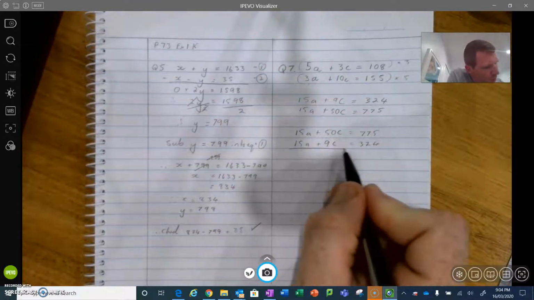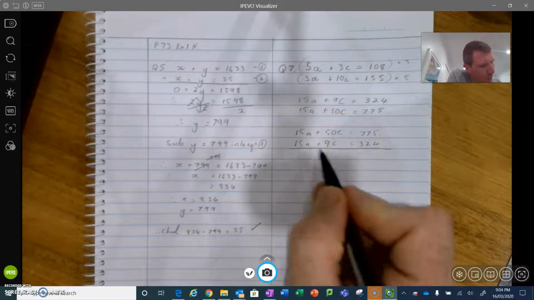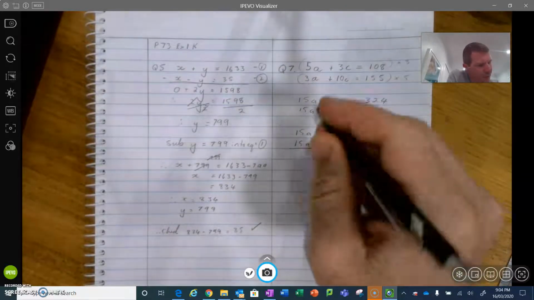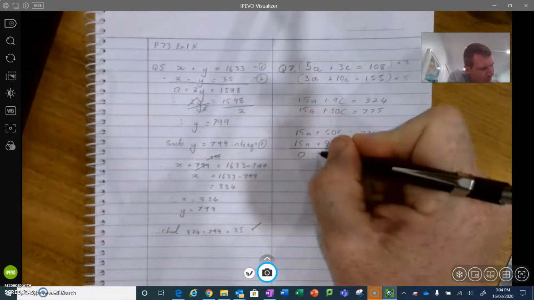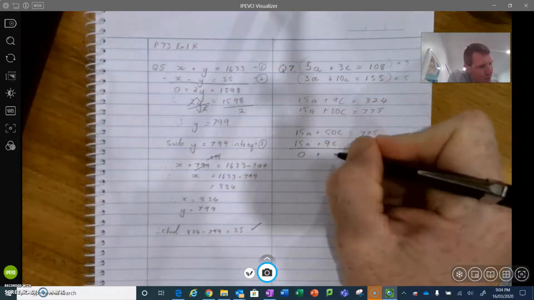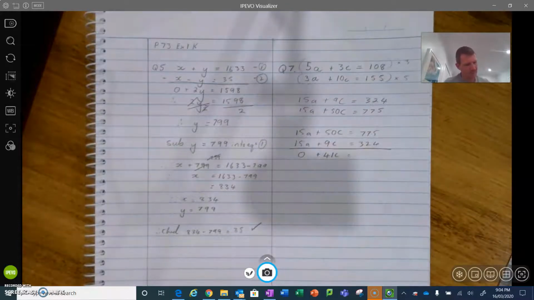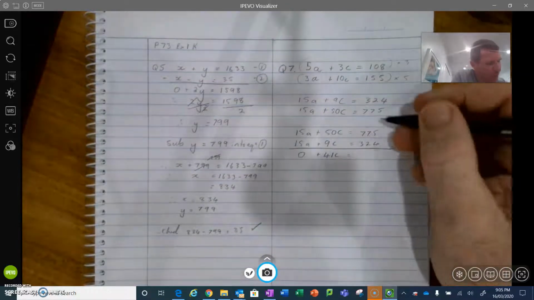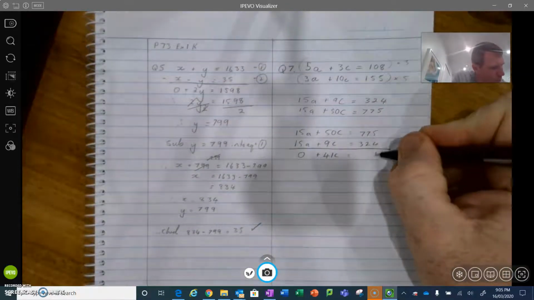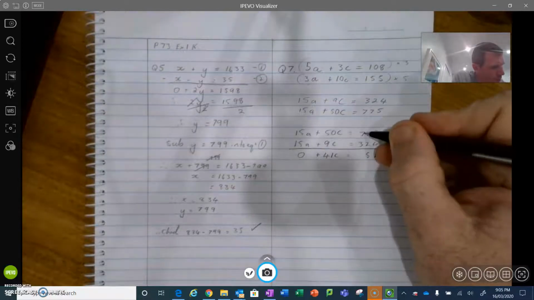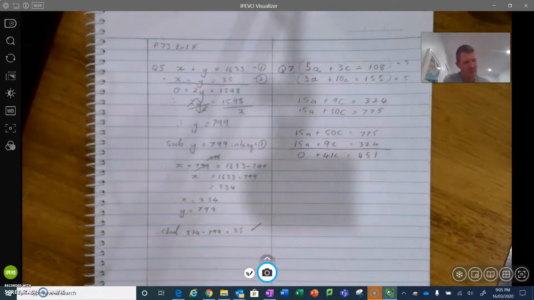Because when you then go ahead and take them away, 15a take 15a is 0, plus 50c take 9c is 41c, and 775 take 324, let's do it in our heads: 5 take 4 is 1, 7 take 2 is 5, 7 take 3 is 4, so 451.